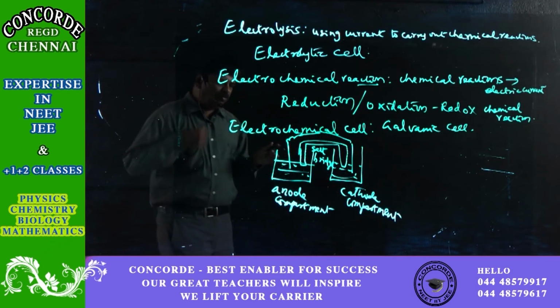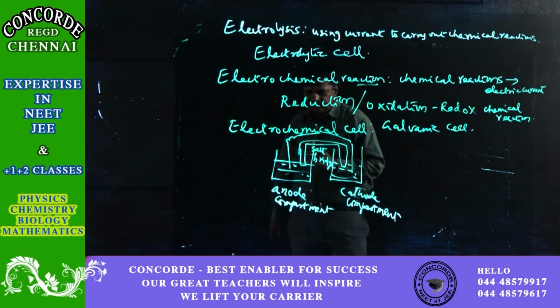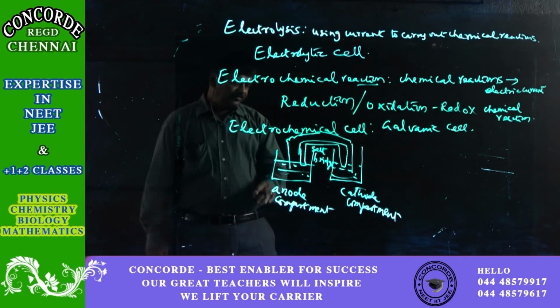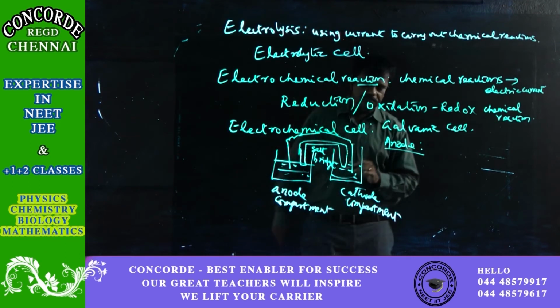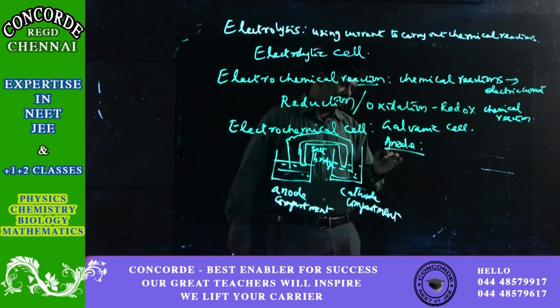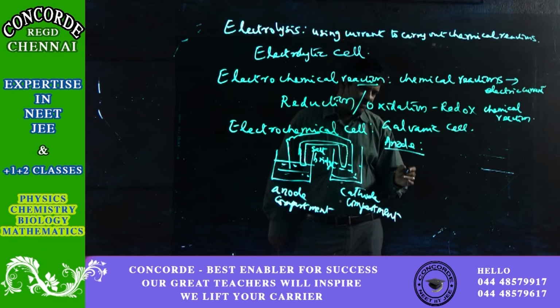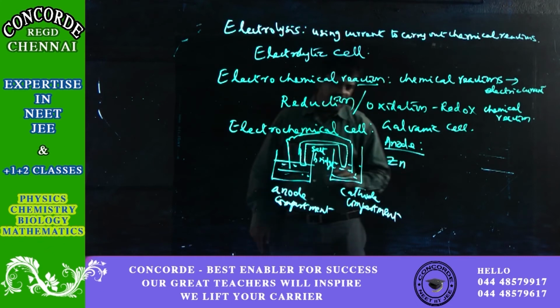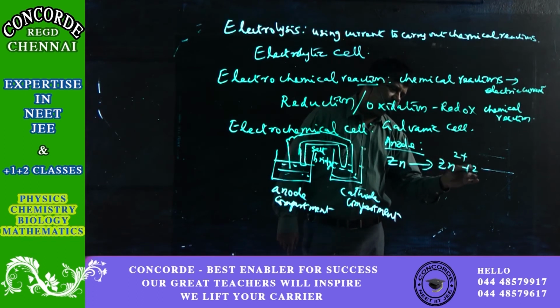Now what happens in the anode compartment and in the cathode compartment? In the anode, we take certain electrolytes, like zinc sulfate, where zinc, Zn, becomes Zn2 plus plus 2 electrons.